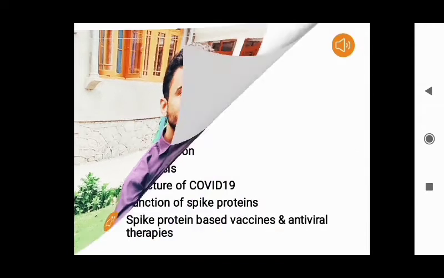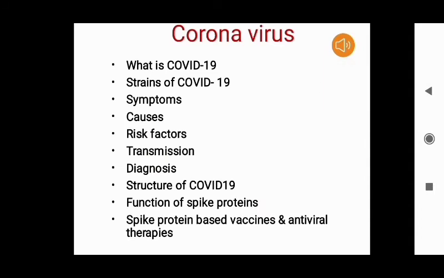Today we are going to have another topic, that is coronavirus, one of the pandemic diseases this time. In this topic we have the following subtopics, that is, the following questions. First one, what is COVID-19? What are the strains of COVID-19? What are the symptoms of COVID-19?